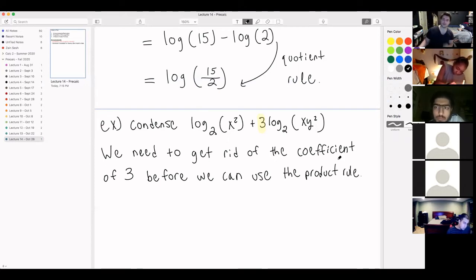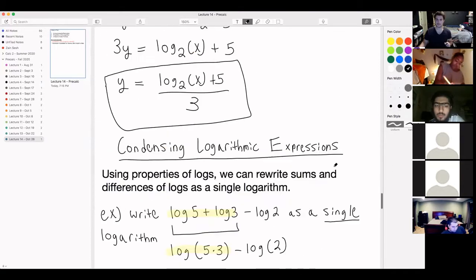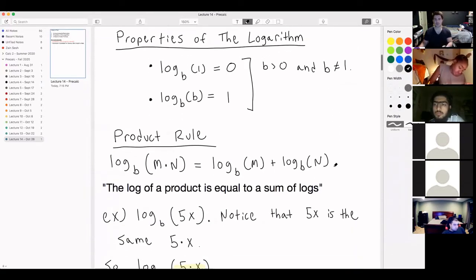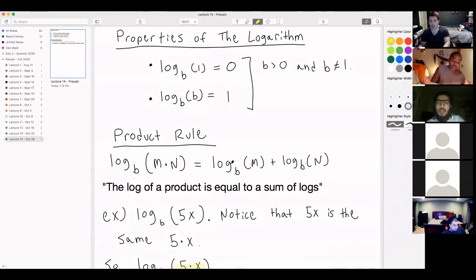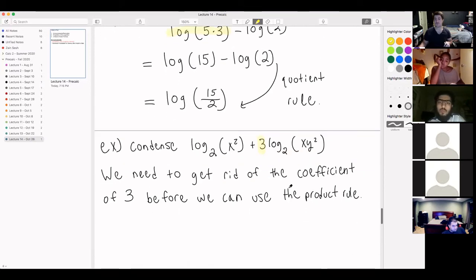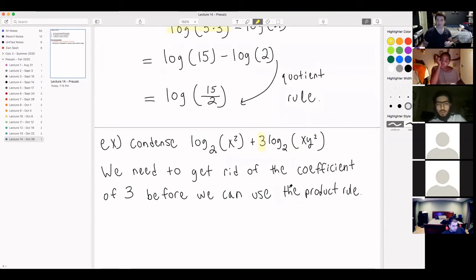Let me scroll up to the product rule very quickly. Look at the product rule. I need the coefficients in front of these guys to be 1. That's how the product rule will work. I need 1 times log m plus 1 times log n. But look what I have down here: a coefficient of 3. That's a problem. We cannot use our product rule. However, we can get rid of it and make it a coefficient of 1.